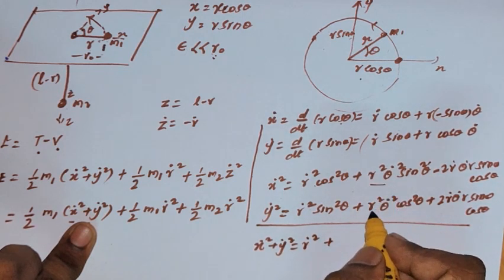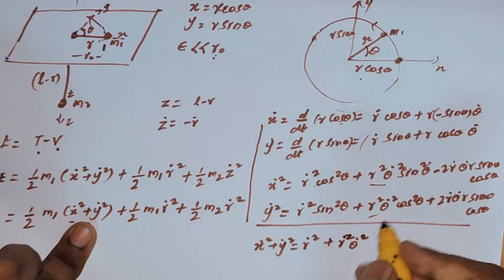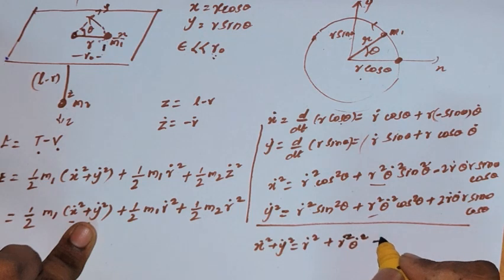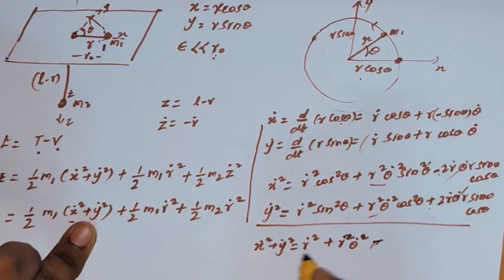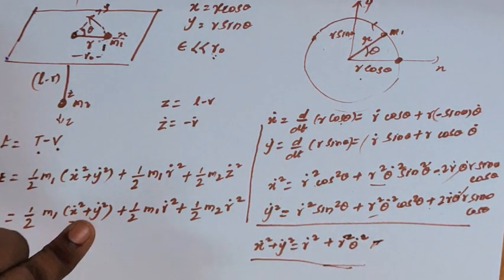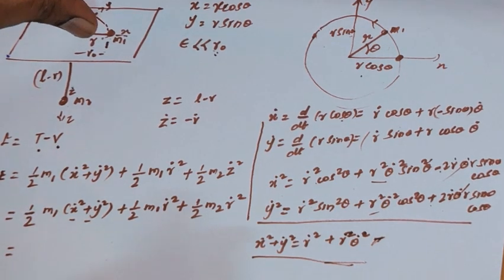Take r square theta dot square outside, then sin square theta plus cos square theta is 1. The cross terms have opposite signs, so you can cancel these two, there are no more terms. So x dot square plus y dot square equals r dot square plus r square theta dot square.